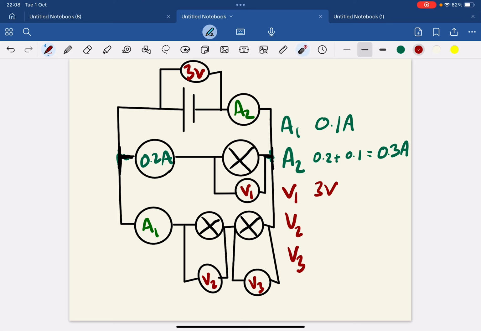Now in our second loop, we've also got to have a potential difference of 3 volts, but we've got 2 bulbs in this one, so we halve it for each one. So 3 divided by 2 is 1.5, so each one is 1.5. And then when we total V2 and V3, it will equal V1.